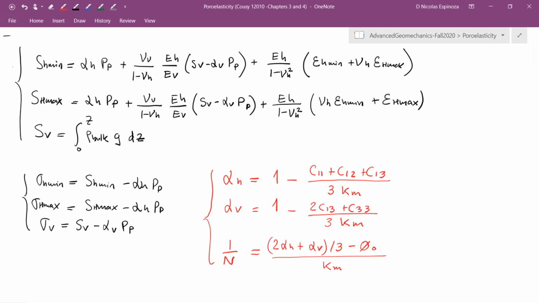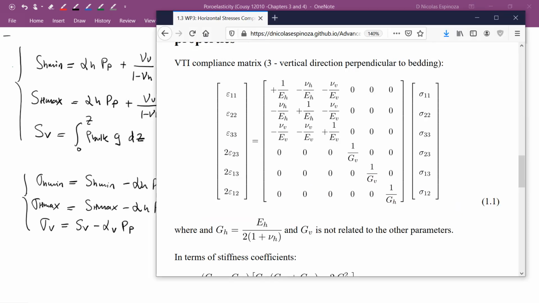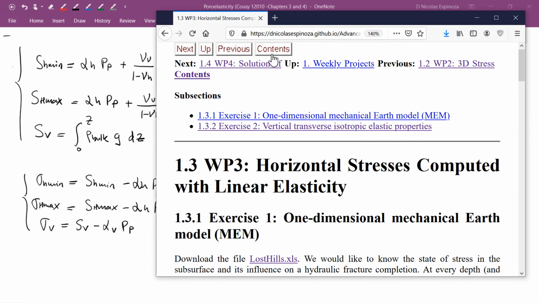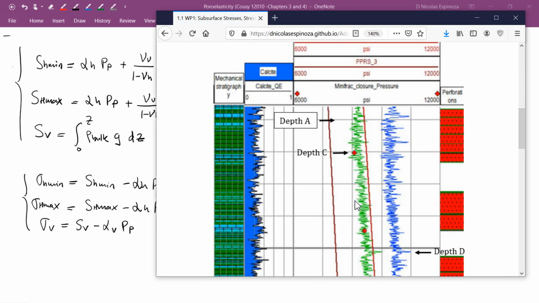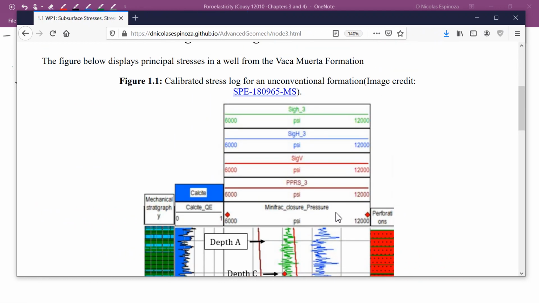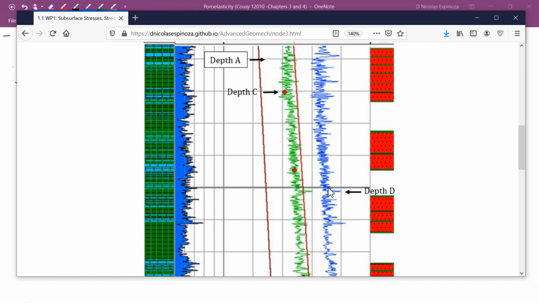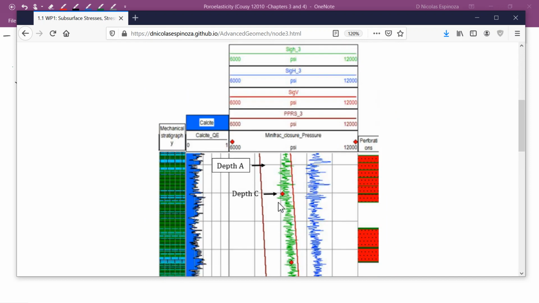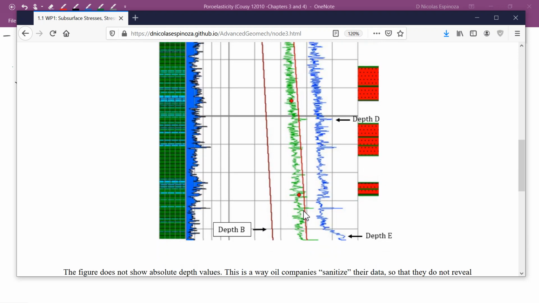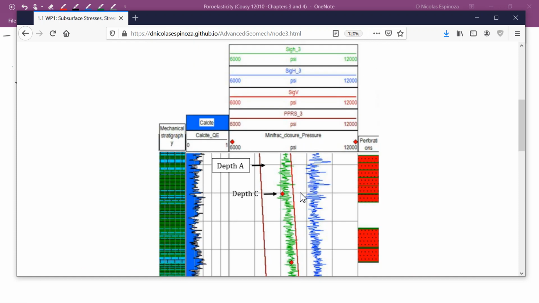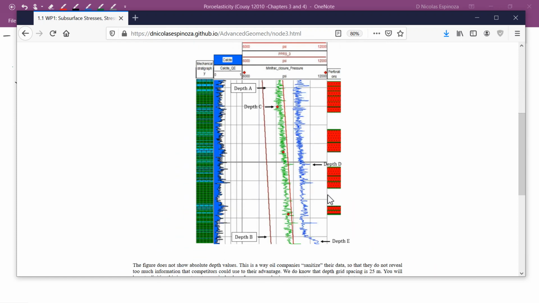And with this type of derivation is that, for example, we arrive to the model that we work with in the first class, in which, if you go to the paper, you will see that it uses an anisotropic poroelastic model in order to predict the horizontal stresses as a function of depth for this particular shale in the south of South America.